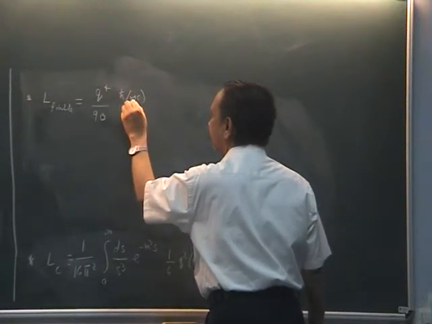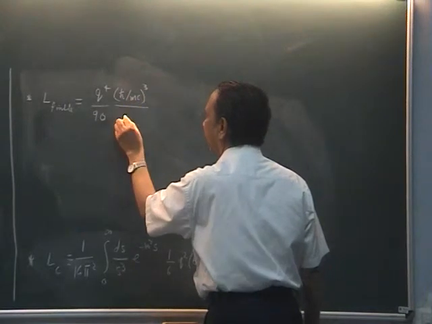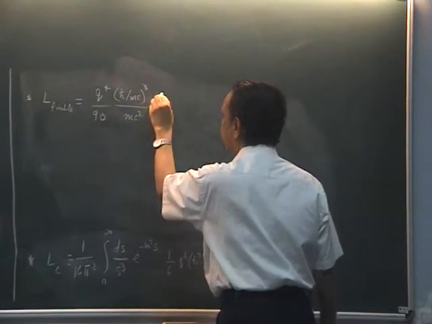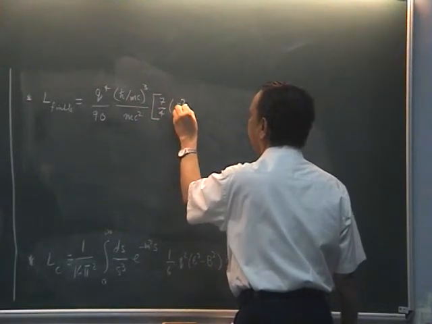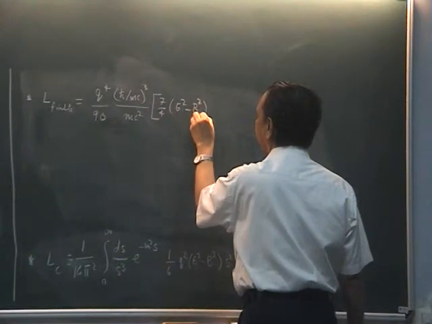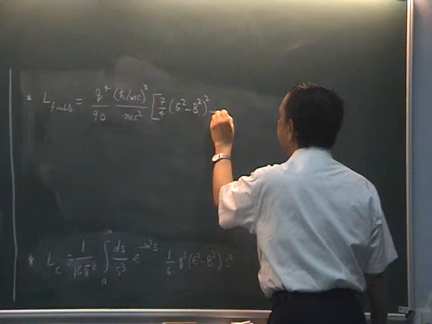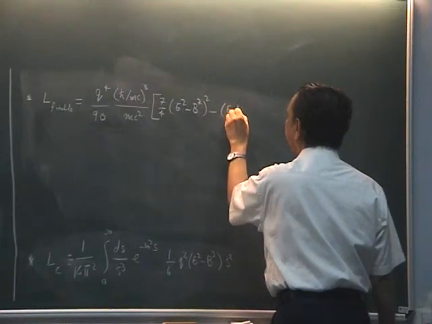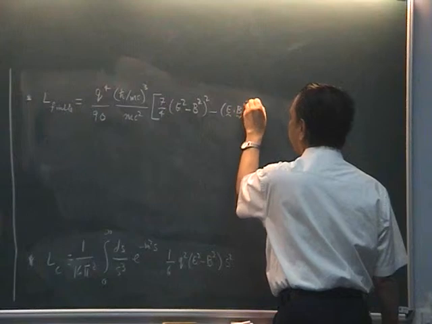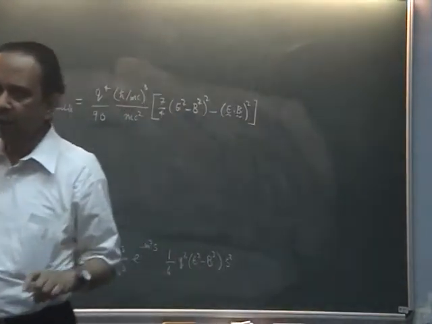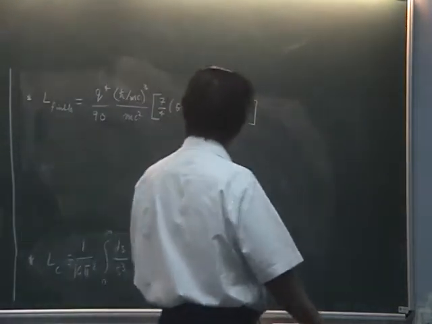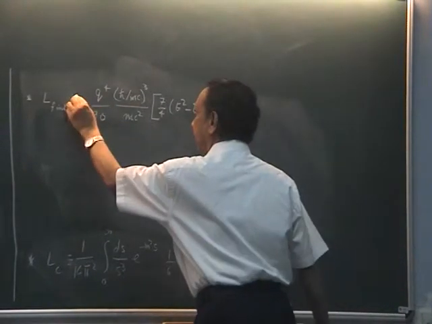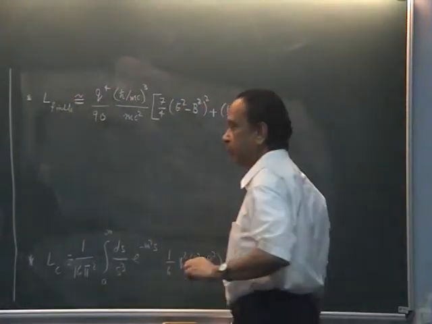Now I am introducing all the factors upon MC square. 7/4 E square minus B square the whole square minus E dot B the whole square. You will have the correct factors in the handout, and I think this is correct. Q by 90 and 7/4. Yeah, this is plus. Okay. As I said, this is just for fun. It's not for your exam, or you don't have to compute this or whatever.